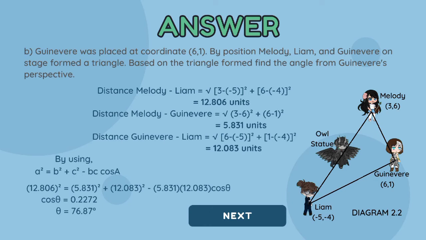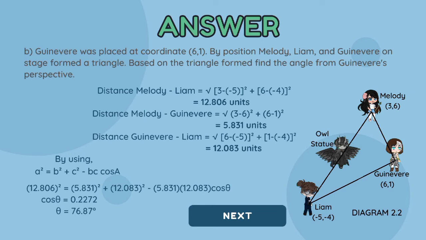The next step is by using the formula a squared equals b squared plus c squared minus 2bc cos A. Substitute all the information given into the formula. So it will be 12.806 squared equals 5.831 squared plus 12.083 squared minus 5.831 multiplied by 12.083 cos A.